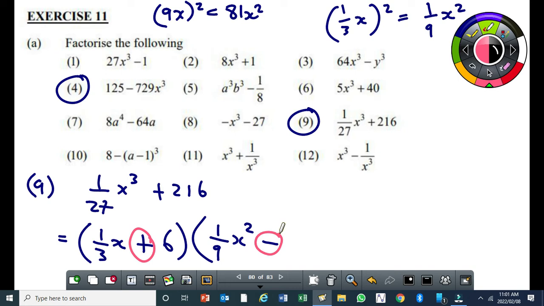Then the middle term is going to be equal to the first term of the binomial times the last term of the binomial. So a third x times 6 will give you 2x. Then the last term is always positive, so you will have 6 squared, which is 36.